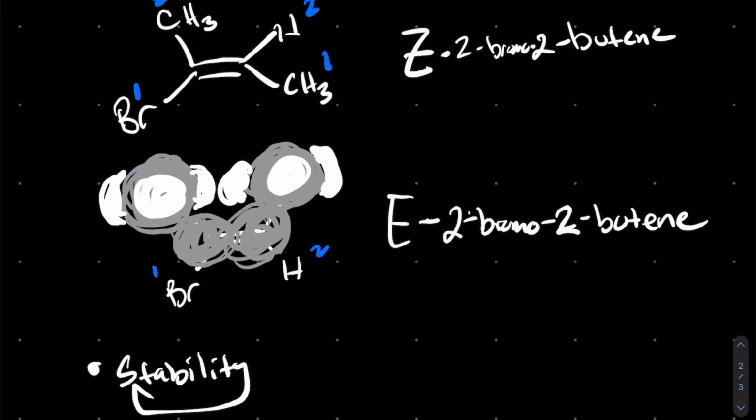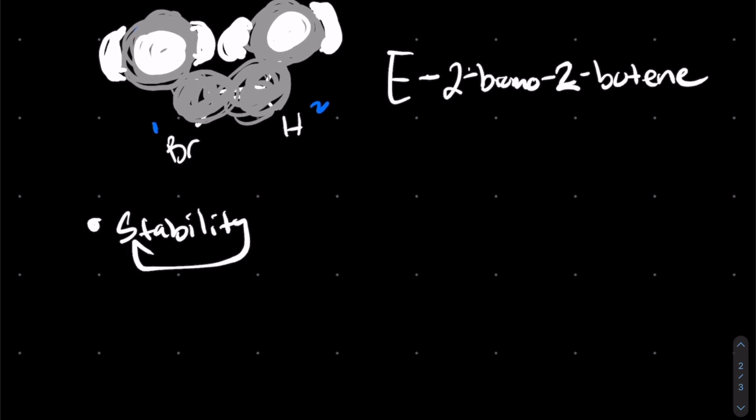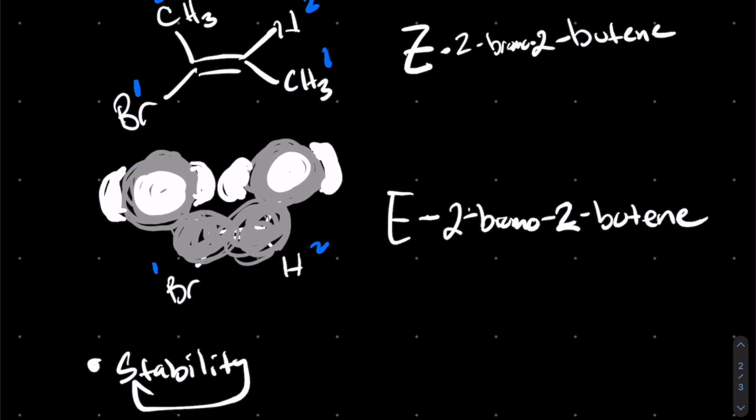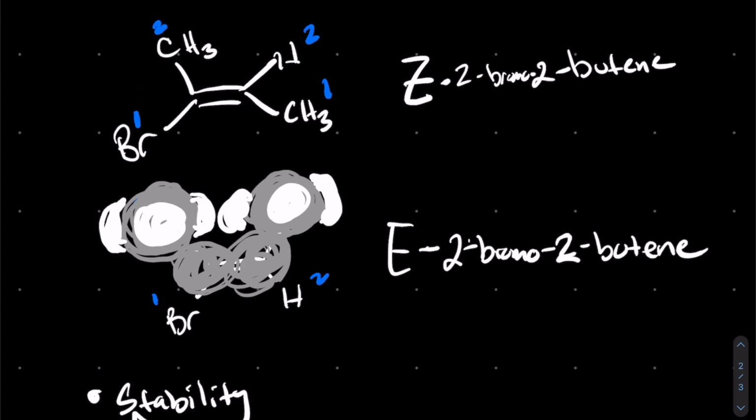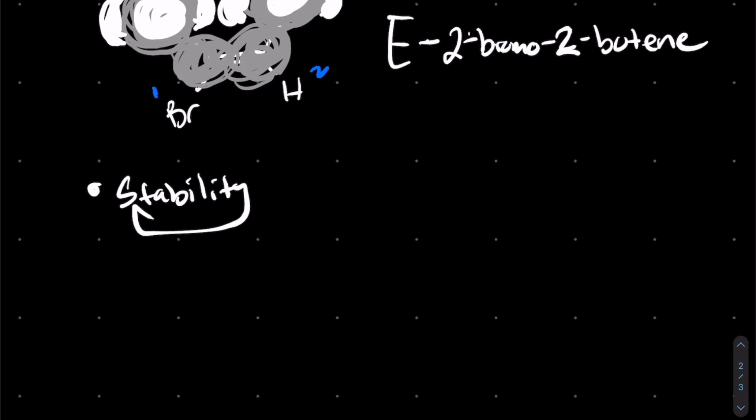So in this case, configurations where the biggest groups, so let me take a step back. Putting the biggest groups opposite of each other is preferred.